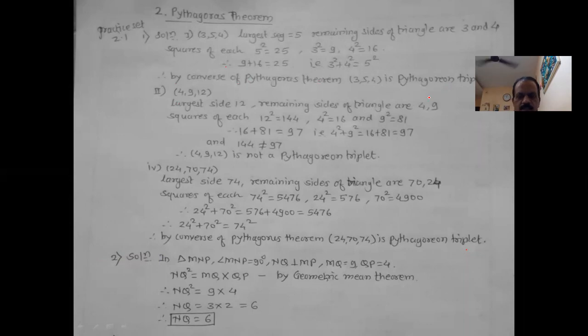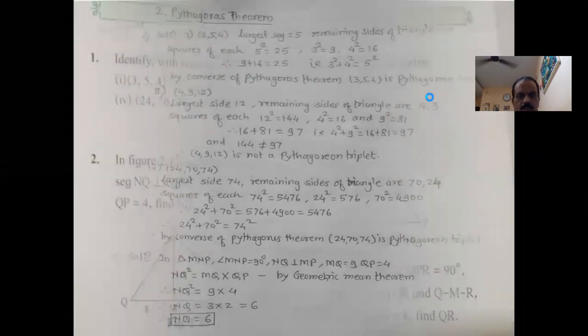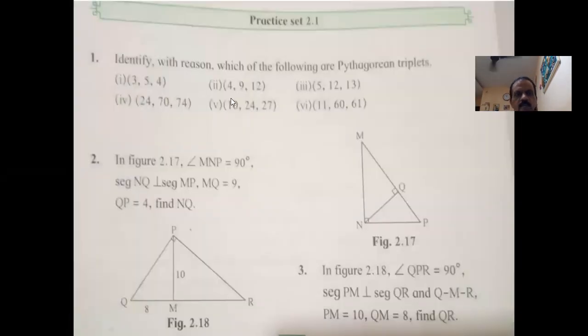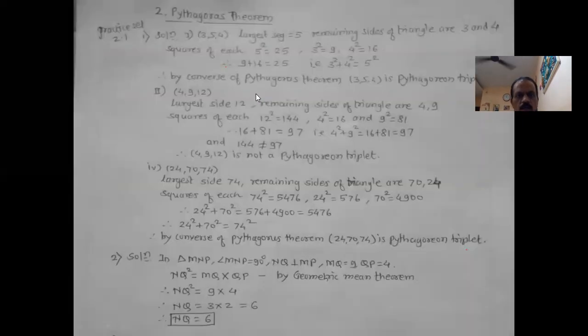Now we see the second example, where the numbers given are 4, 9 and 12. Then we solve it: the largest side is 12 and the remaining sides of the triangle are 4 and 9. So the square of each: 12 square is equal to 144, whereas 4 square is equal to 16 and 9 square is equal to 81.